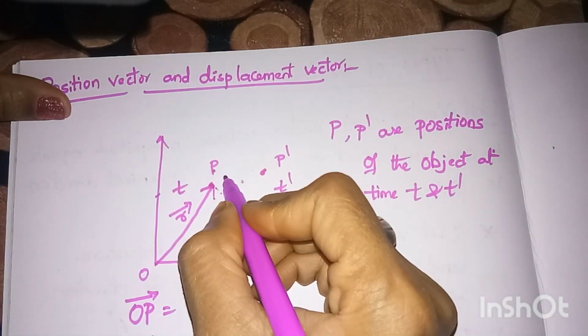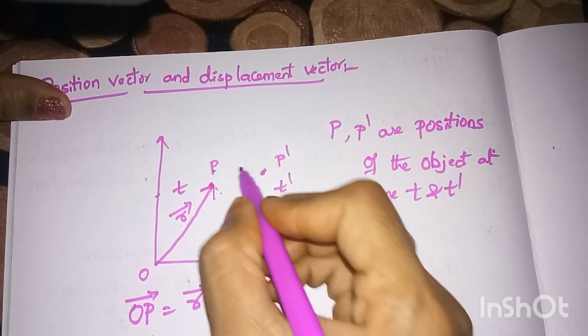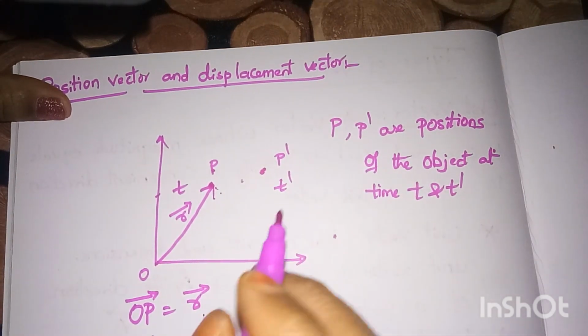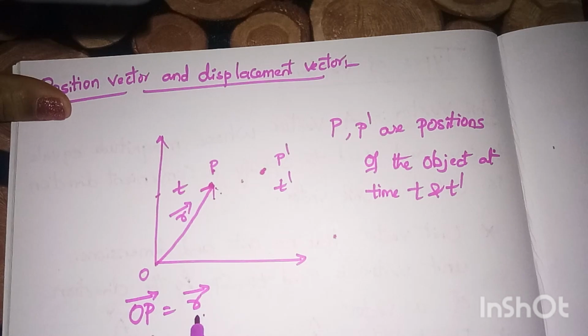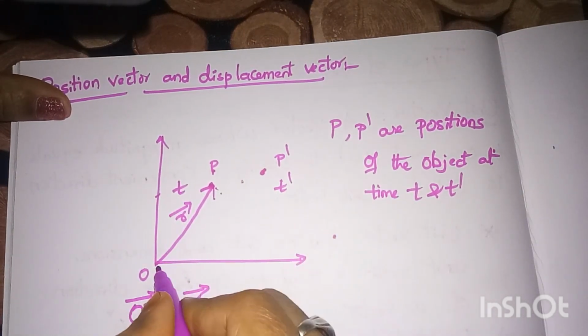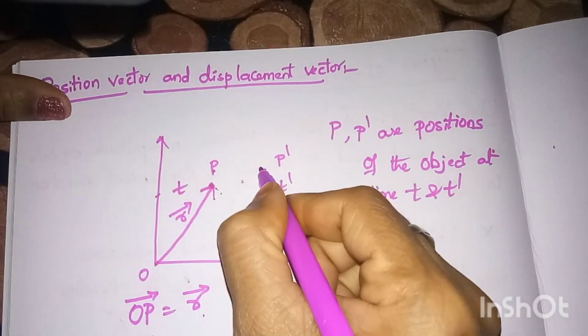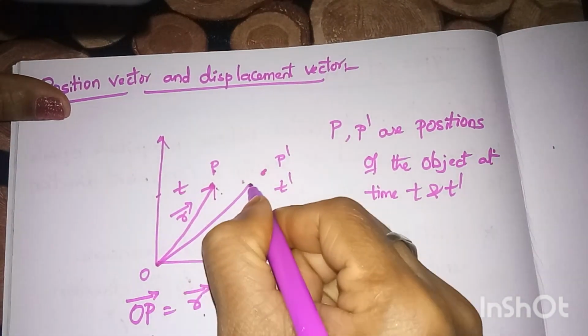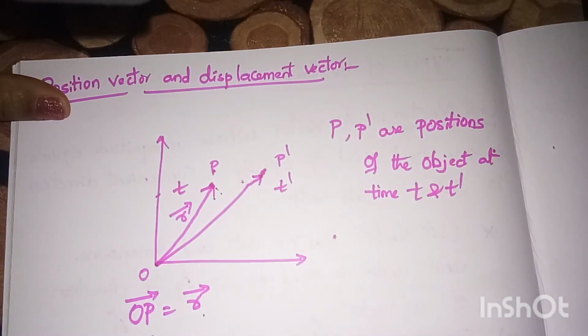So OP is one position vector, that is r bar. Just remember that position vector is denoted by small r bar. Now join OP dash with another straight line, and the position vector will be r dash bar.